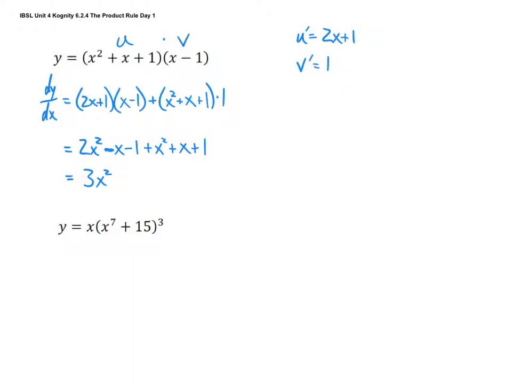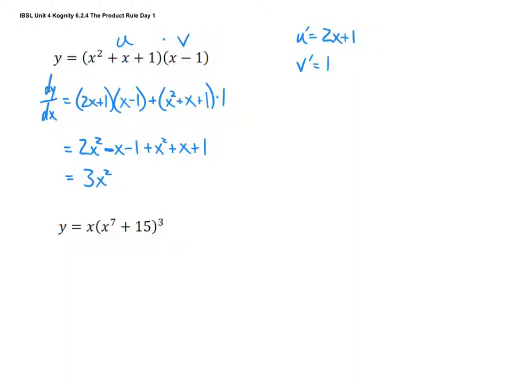Alright, so I still have the screen frozen here so you can't see. But what did you guys get for what is u? X squared plus x plus 1, okay? And v was the x minus 1. So what's u prime? 2x plus 1.